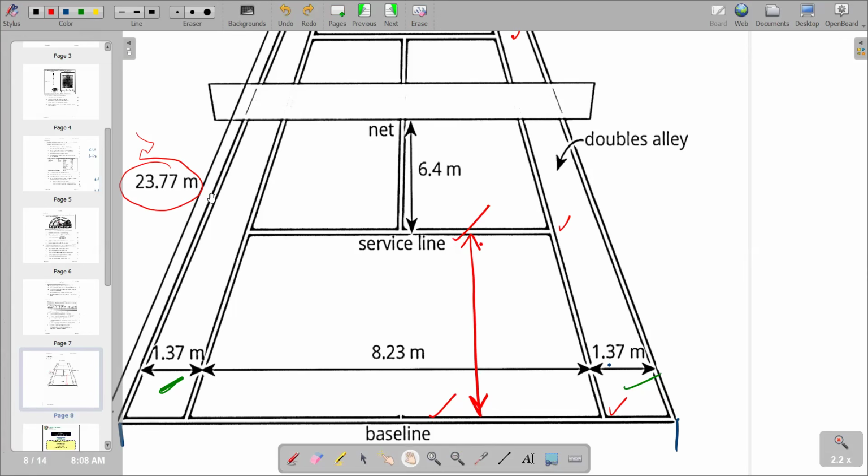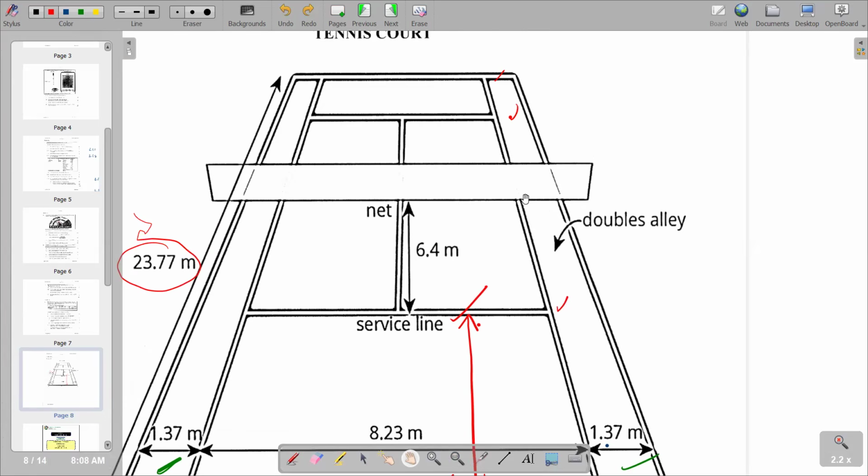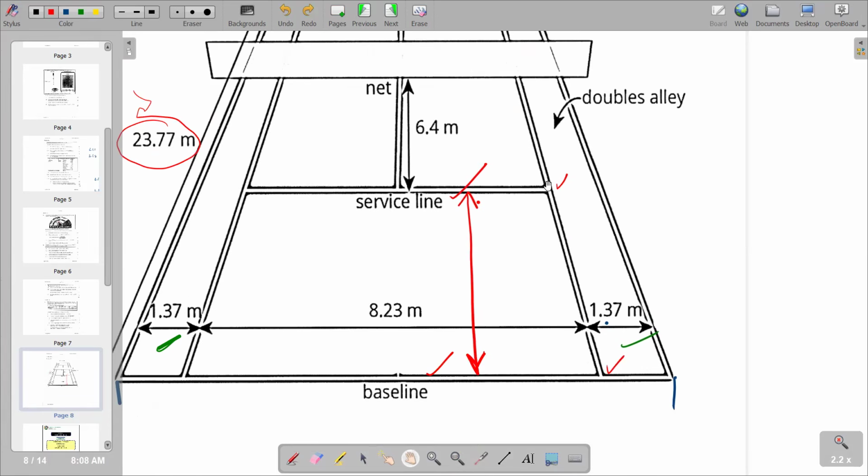So it means we are going to say 23.77 meters minus from here to here, from here to the end. But we do not have the length from this point to this point. But what we know is from this point to this point, we have got the same length with what we have from this point to this point.